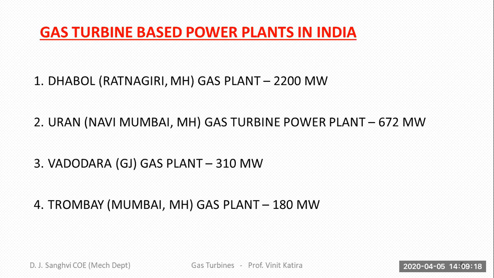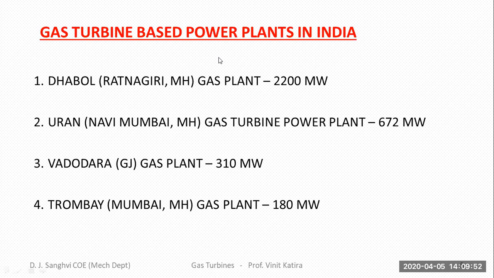Now, this was installed fairly long before, in the 1970s. It initially used to generate around 700 megawatts and was running on naphtha as fuel. Then they extended the plant, and now it is capable of running on liquid natural gas, that is LNG, and the total capacity is around 2160 megawatts.